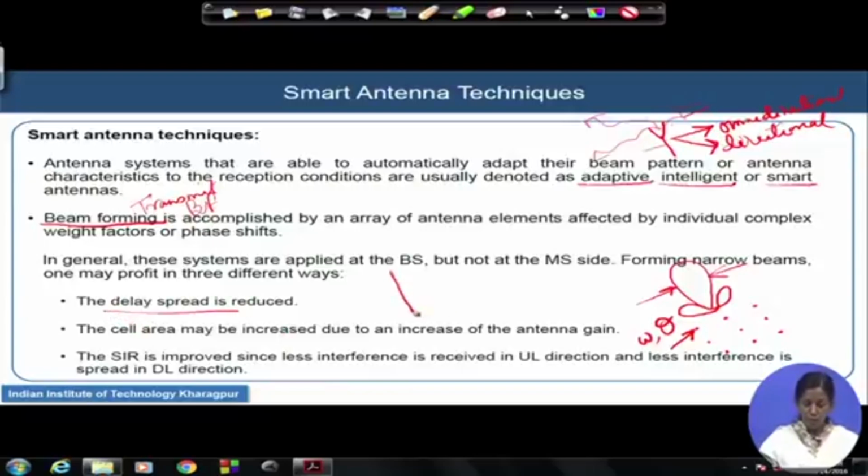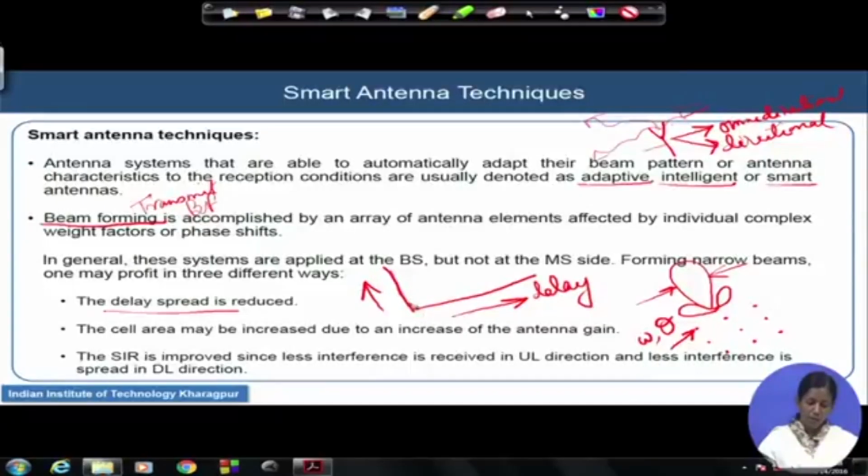If I see the power delay profile of a channel, it is basically how the power of the different multipaths is spread over the delay axis. We understand that the multipaths come to the receiver from a wireless channel like this.